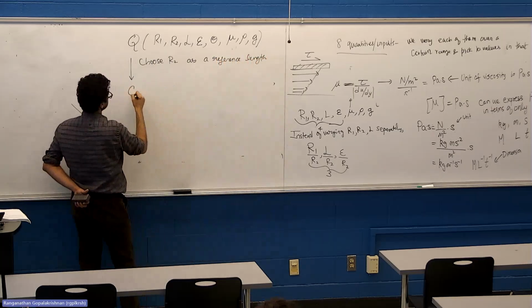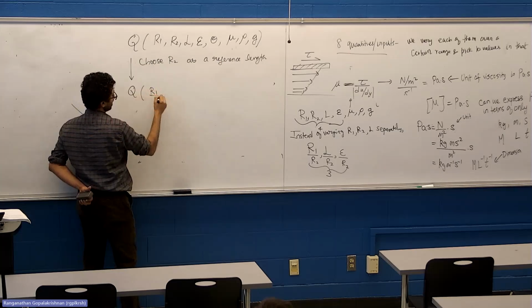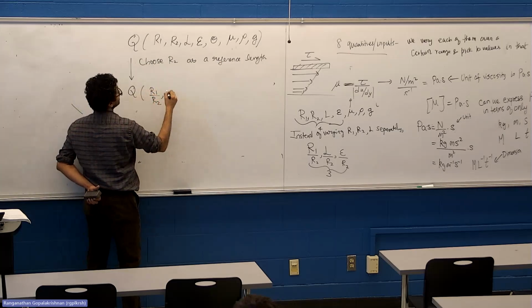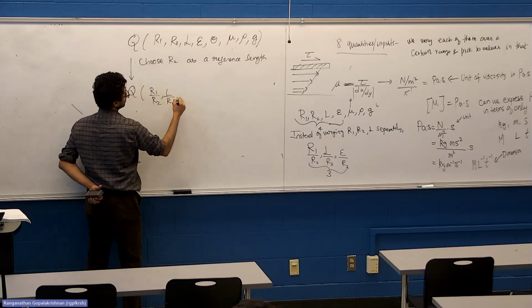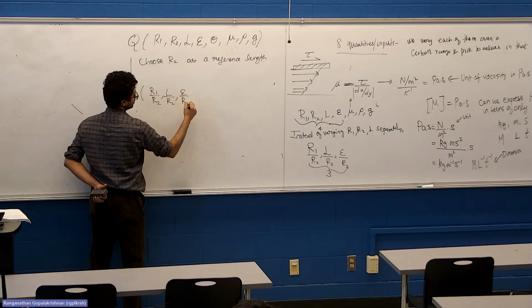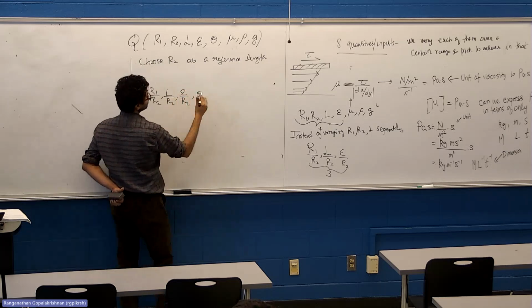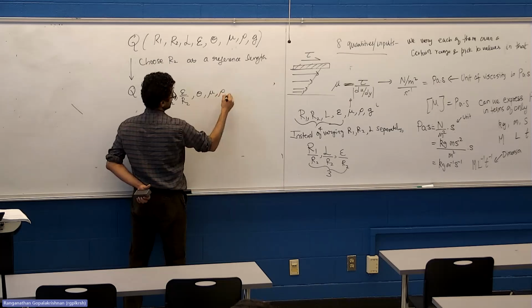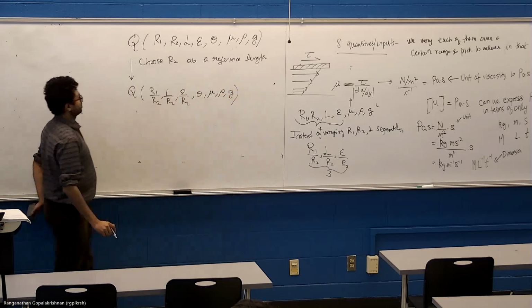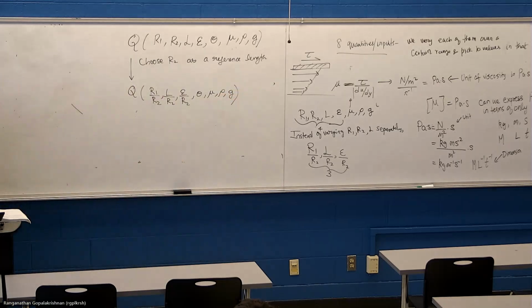So we can write Q depends on R1 over R2 and then L over R2 and then epsilon over R2. We'll leave theta alone and then viscosity, density, gravity. Make a note of this, okay?